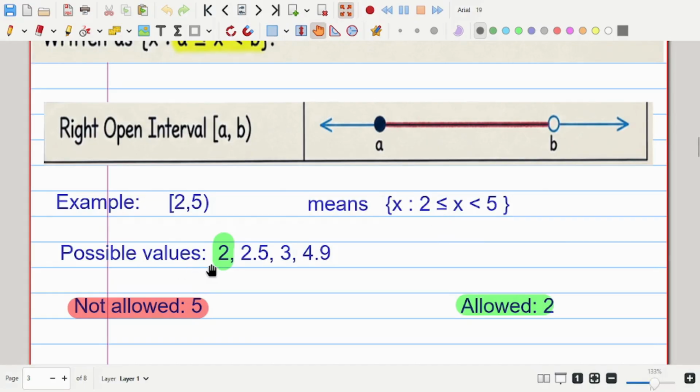So the possible values are 2, 2.5, 3, 4.9. 2 is included because it is a closed point, denoted by a square bracket. 5 is excluded because it is open, denoted by a round bracket.